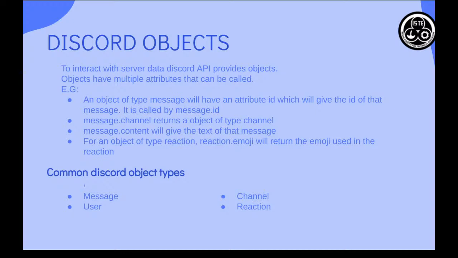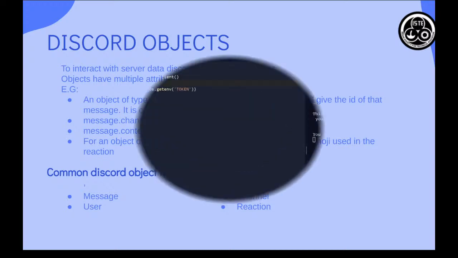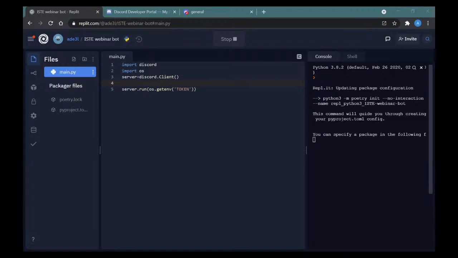So first thing that we're going to do is, as we saw when we ran the code, we did not get any visual feedback that our code was running. So we had no clue if it was running properly or not. So what we're going to do is, every single time the bot connects and comes online, it's going to give us a message that it's running, that it's online. So we're going to use @server.event. This is called every time something happens on the server.